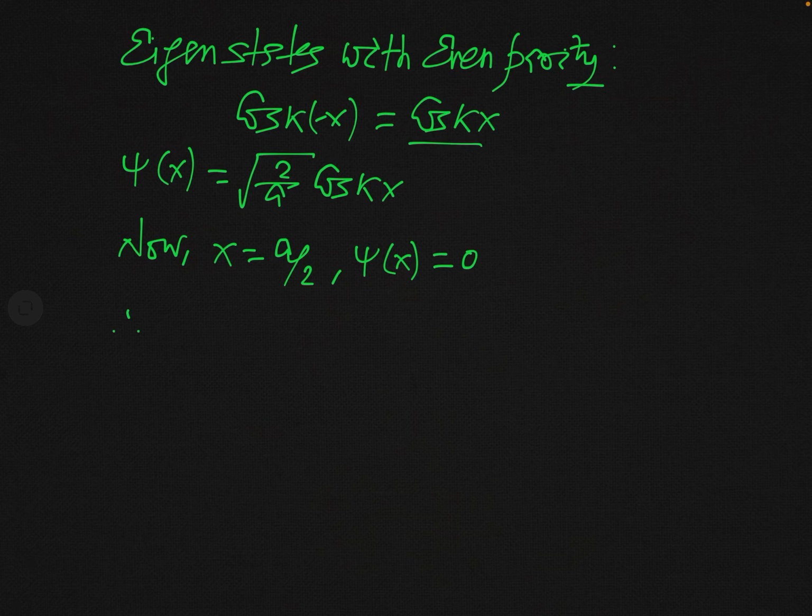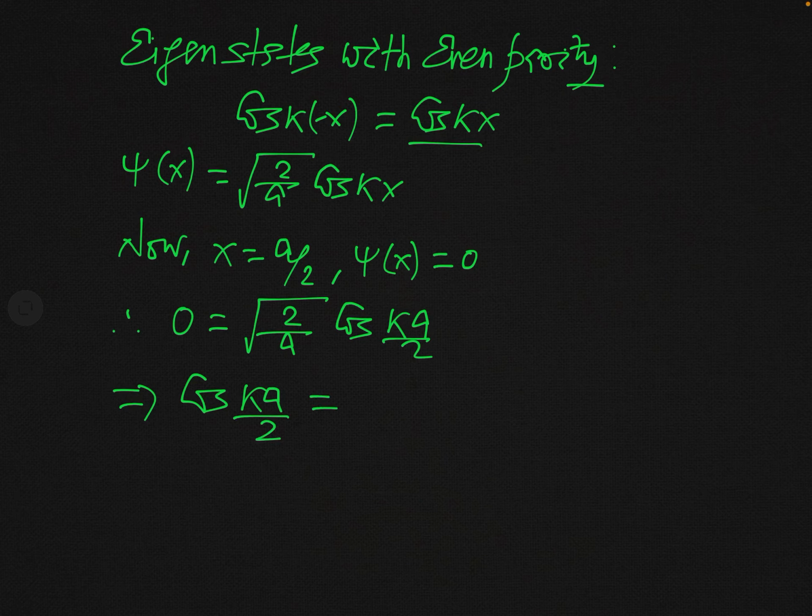And so you can take 0 equal to root over 2 by a cos ka by 2. And so from here this cos ka by 2 is equal to 0.